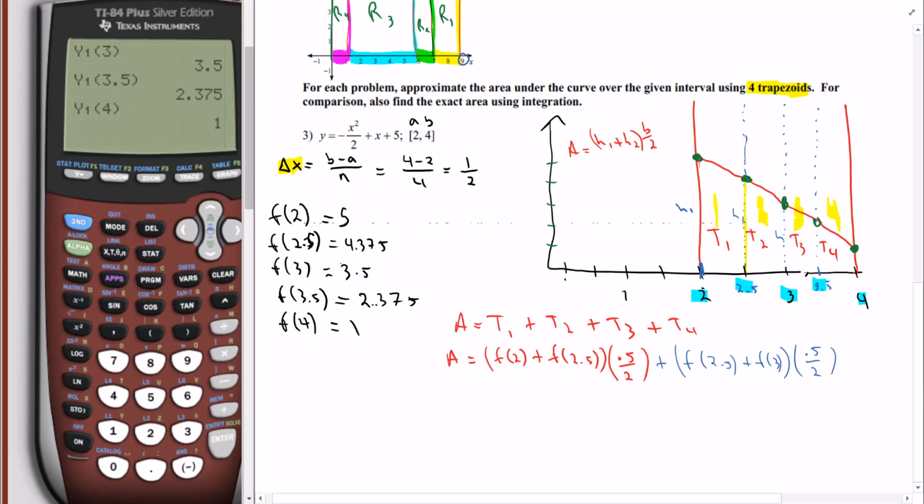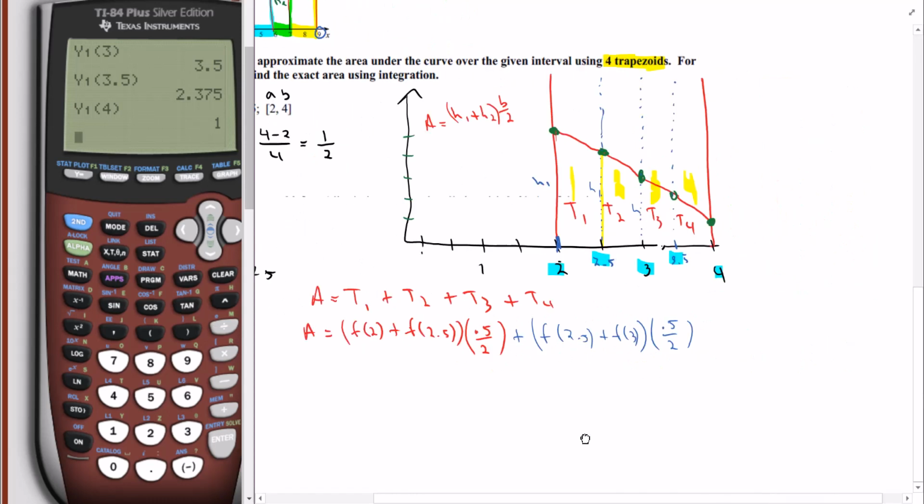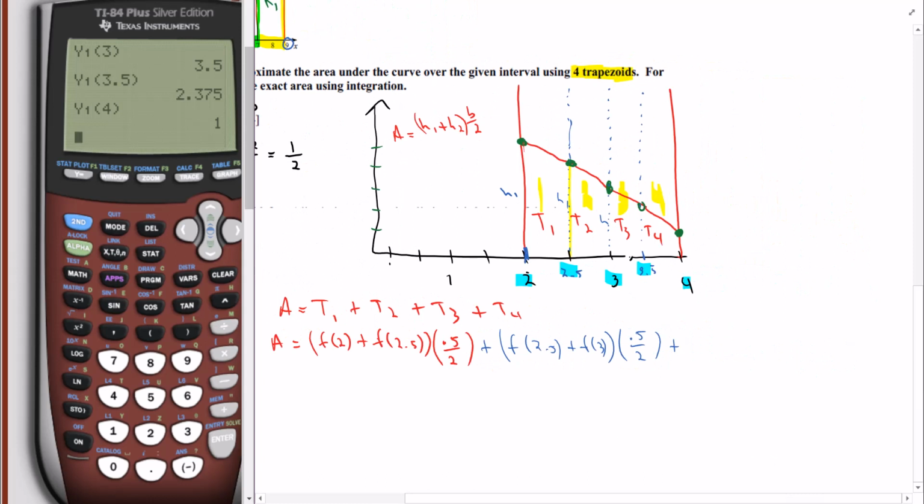And then trapezoid number 3 is going to be over here. Height 1 is the function value at 3, and height 2 is the function value at 3.5. So it's going to be f of 3 plus f of 3.5 times the base over 2.